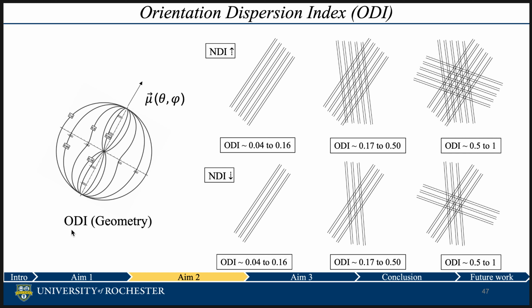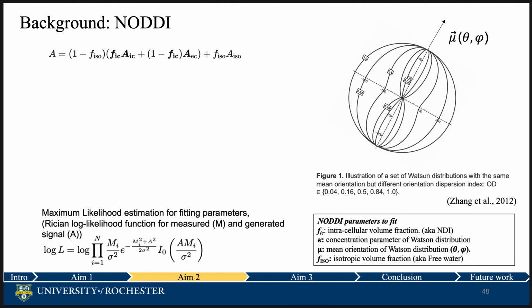As you can see, the neurite density could be higher or lower, but the ODI will remain the same based on the dispersion of these neurites. So in summary, this NODDI model is trying to model these three compartments, intracellular, extracellular, and free water, and combine their different fractions to give us our final diffusion signal.